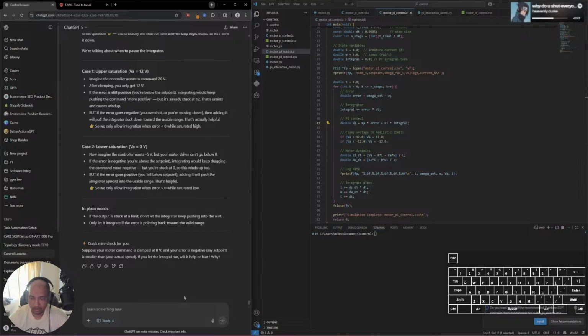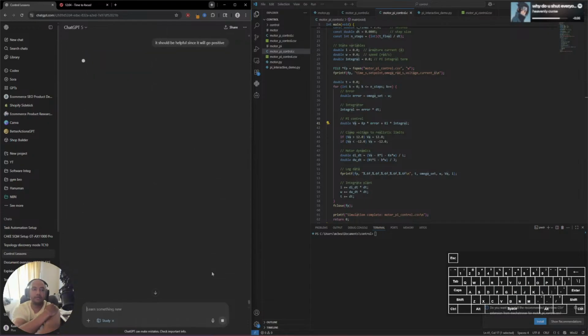Set point is smaller than my actual speed. So yeah, I've overshot. If you let the integral run, will it be helpful? It should be helpful, since it will go positive.